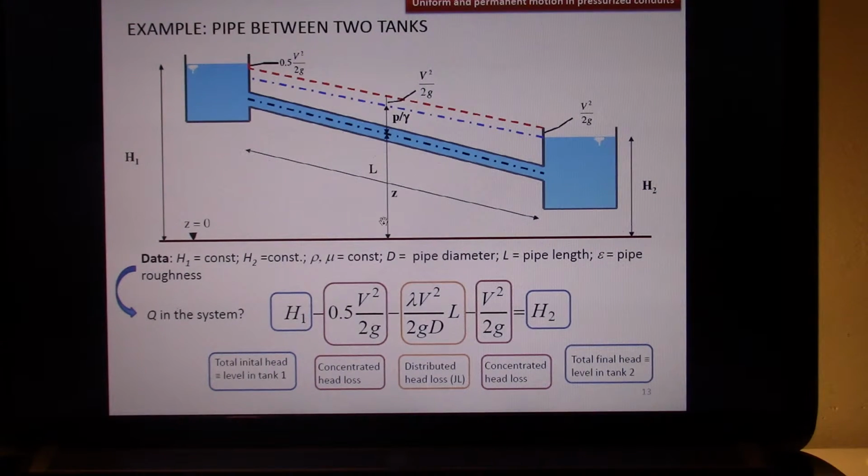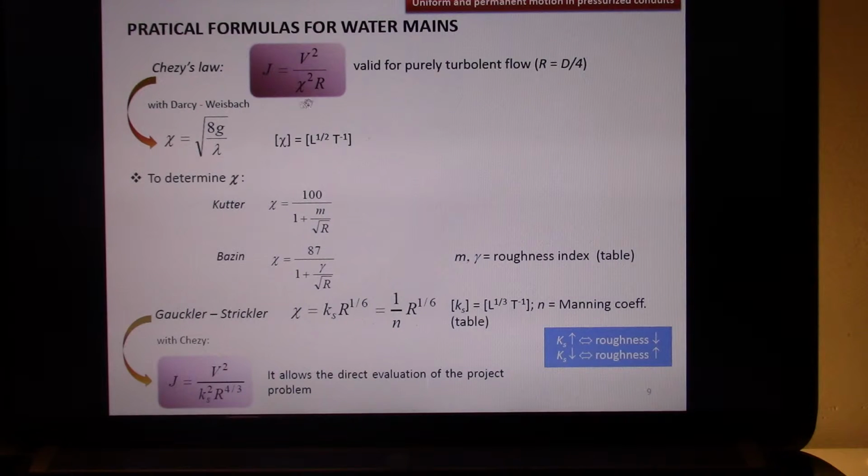So if someone tells you your flow is moving like a turbulent one, you can forget this term and say that J is given by Chezy's law. Remember? Just going back, Chezy's law says that J is equal to v to the power of 2 over C to the power of 2 times R, and this term right here depends only on the roughness of your pipe.